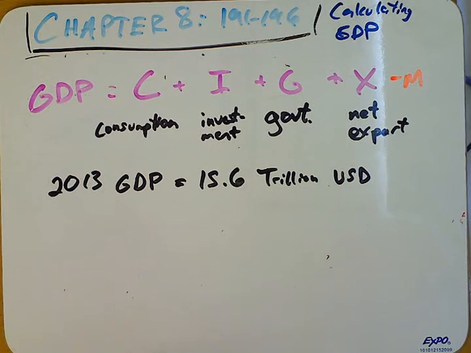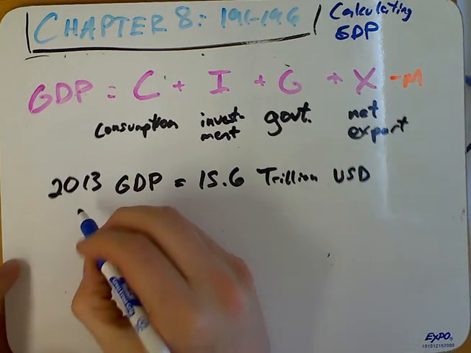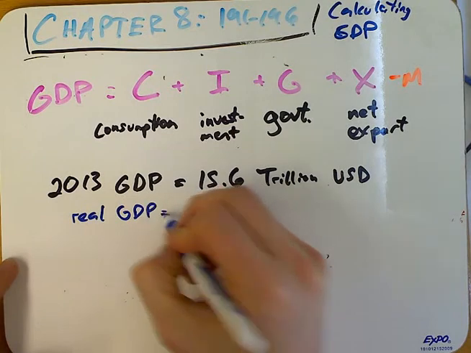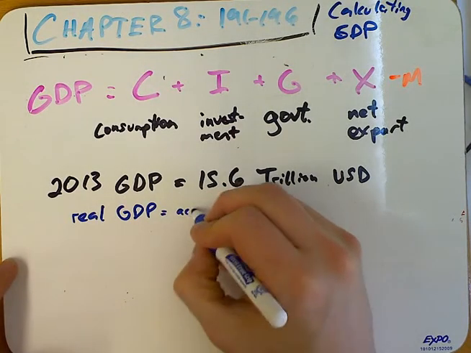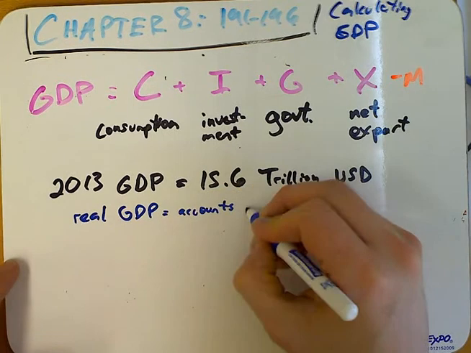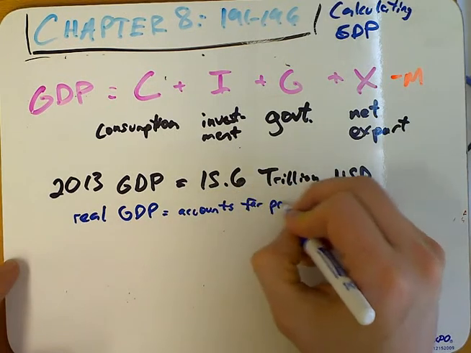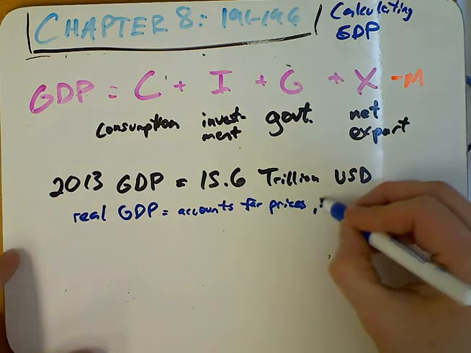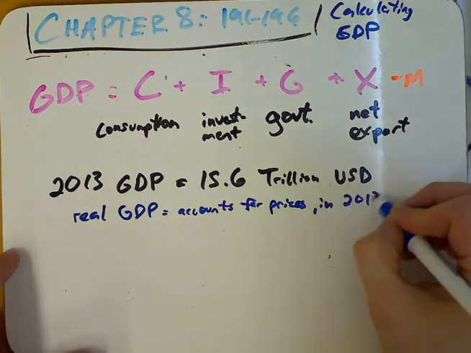Now this is a nominal figure. We have to factor in real GDP, which doesn't mean that this is not real, but real GDP accounts for prices. And in 2013, real GDP went up 1.3%.